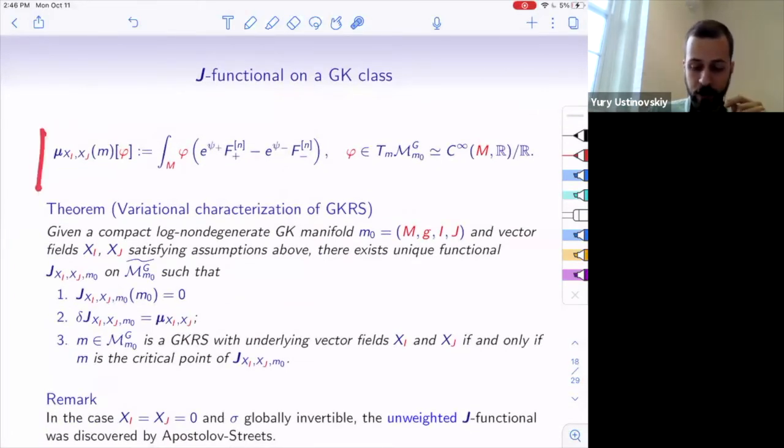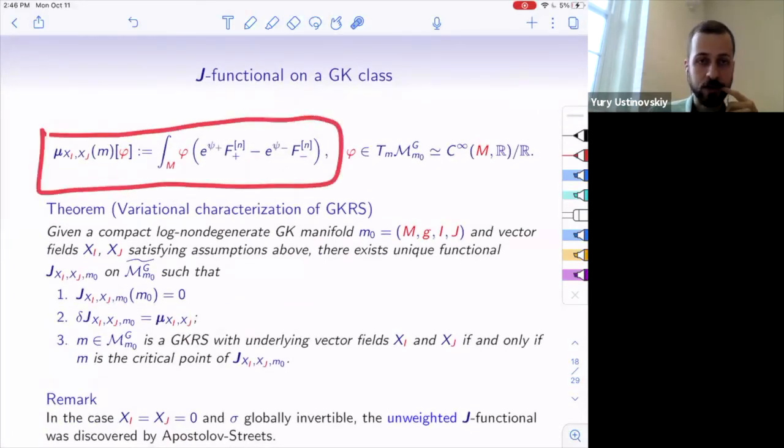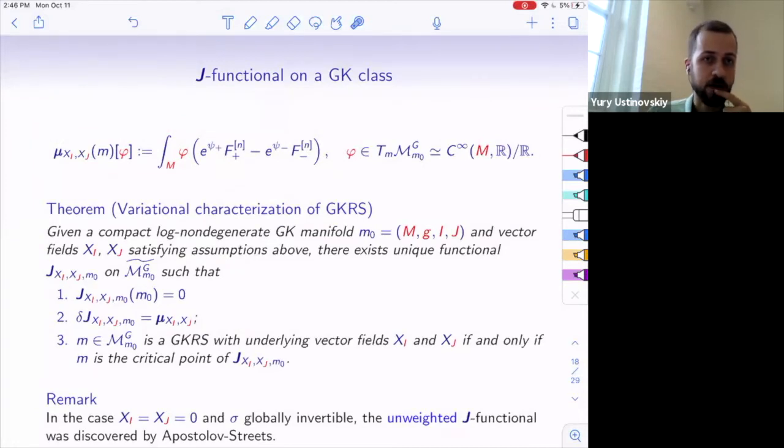And if you do that, if you integrate this one form on a generalized Kähler class along all paths, what you get is the following object. So existence of this object, I will formulate it as a theorem. So you get a functional on the universal cover of a G-invariant generalized Kähler class.